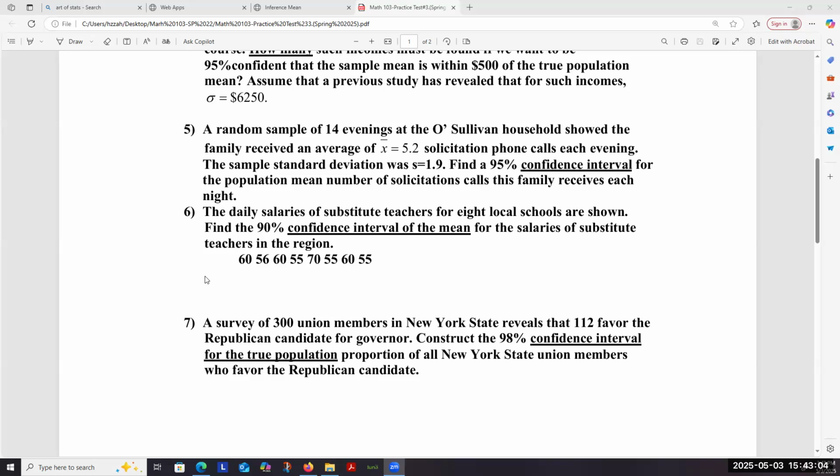We have a group. We check the daily salary of 8 local schools, and this is the data. Okay, the salary we find out is going to be 60. These are the numbers, actual numbers. For each school, we have 60, 56, 67, 55, etc. So what we'd like to do is find a 90% confidence interval.